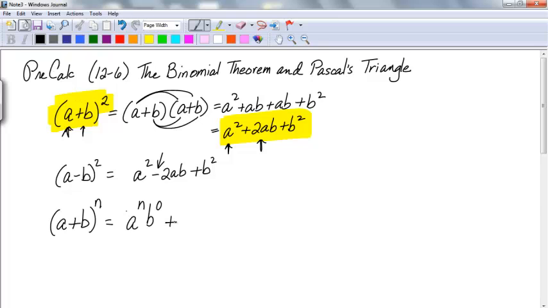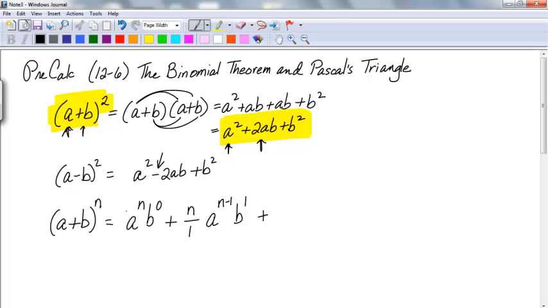Okay, plus the coefficient in front of the second term is always that exponent over 1, n over 1. And then a, you depress the exponent by 1, so it's to the n minus 1 power. And for the b, it goes ascending in the exponents. This one was b to the 0, so this one's going to be b to the first.